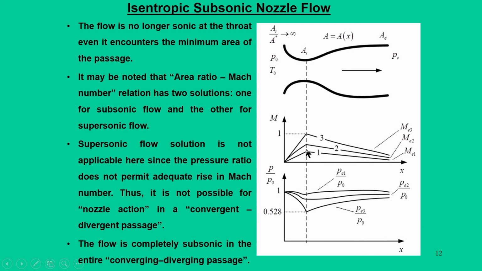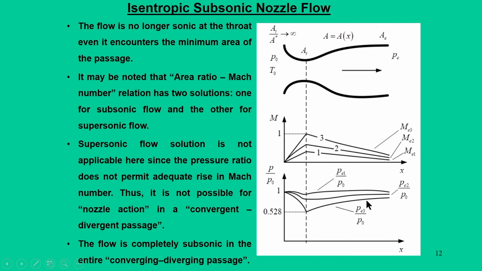This keeps on happening for all possible values of the exit Mach number, ME1, ME2, and at one particular instant, ME3, we have maintained a substantially high pressure difference.